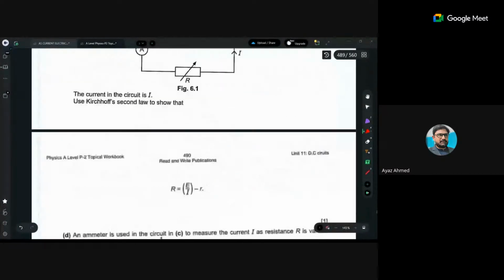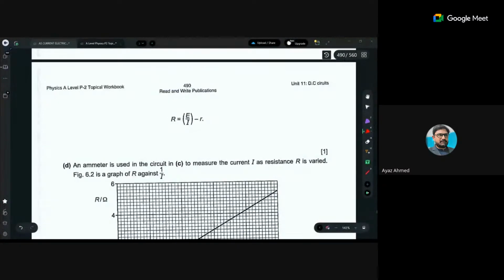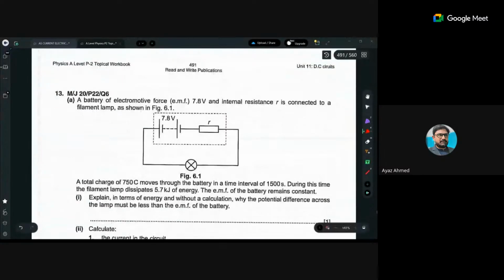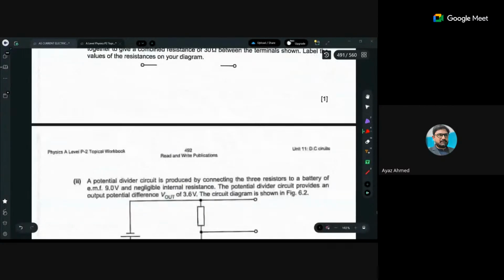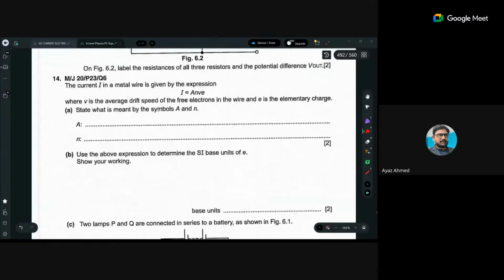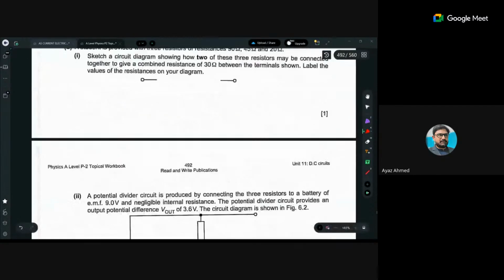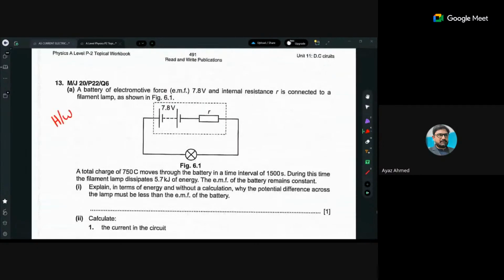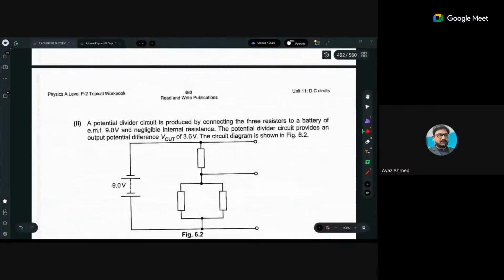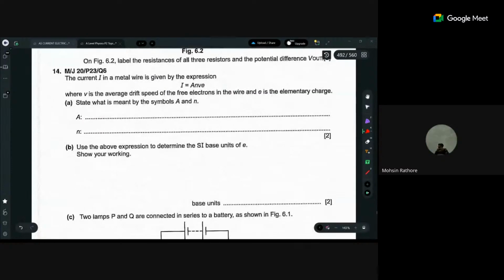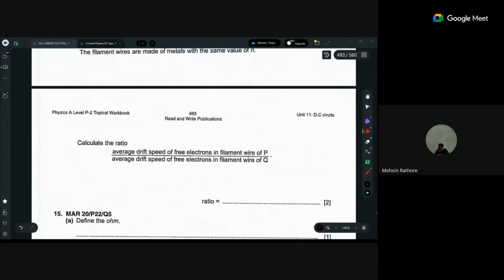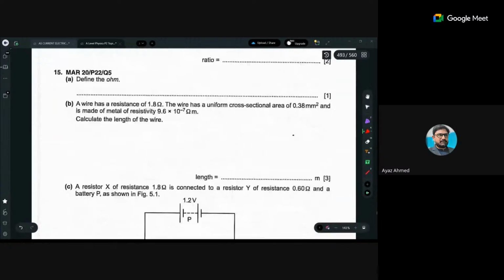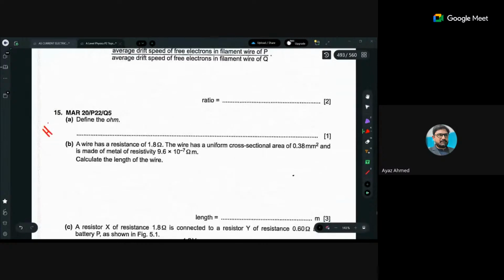And yeah, question number 13 is your homework. Are you people noting it down? Yes sir. Question number 15 is your homework.